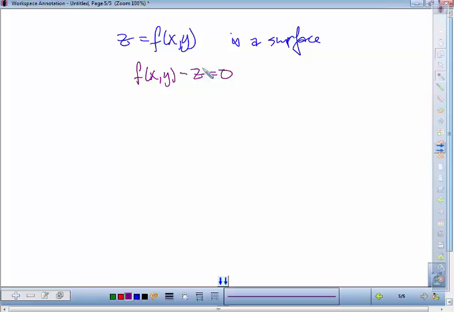What if we considered this as a function f of x, y, z? Now, if I stop there, then I have now defined a function in a higher dimension.